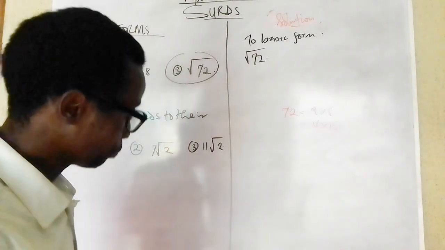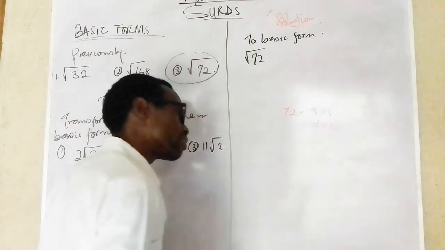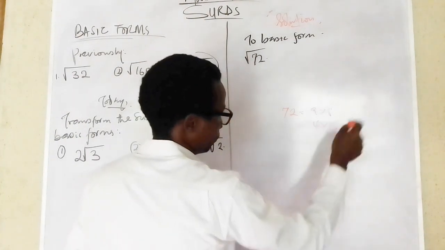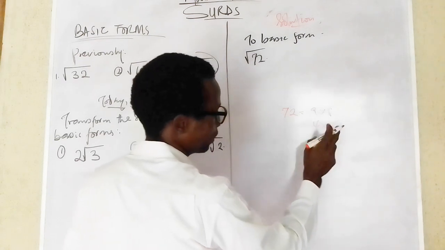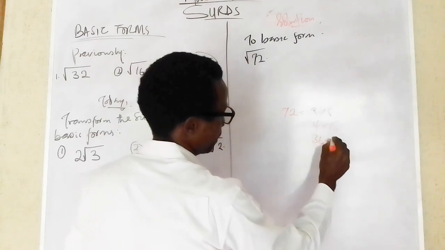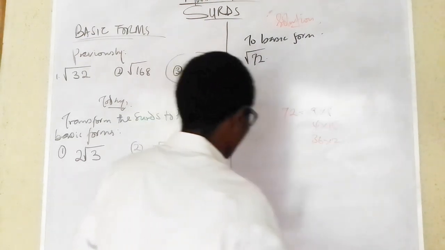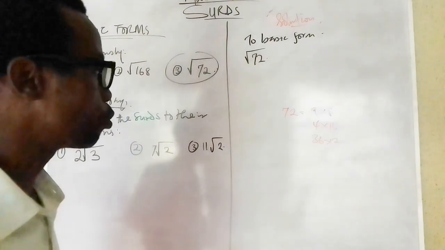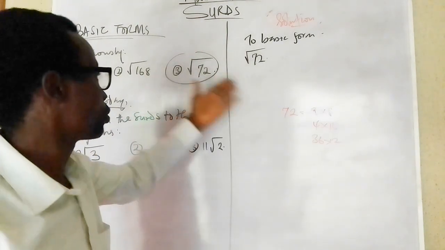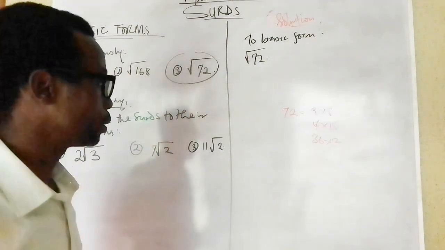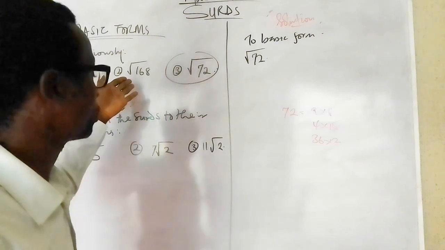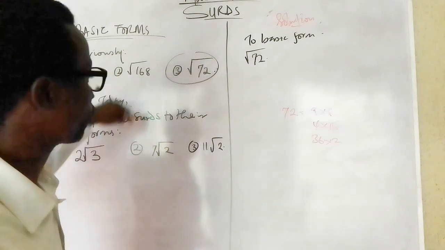And 72 is the same thing as 6 times 12. Now with this we'll be able to reduce it from this form to this.